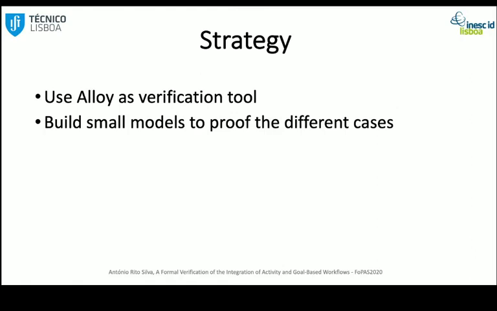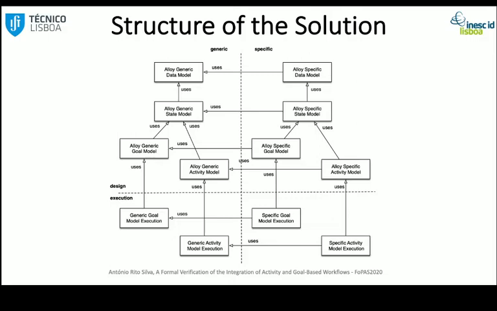The structure we followed in this paper was to use Alloy as a verification tool. It's a very well-known software for software verification, and we build small models to prove that the different cases hold. So what have we done? We define a structure where we can reuse our solution for different cases.